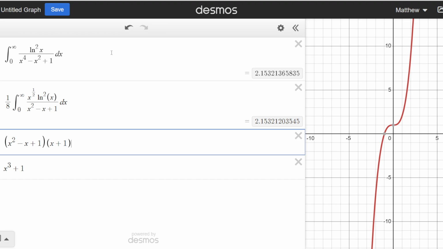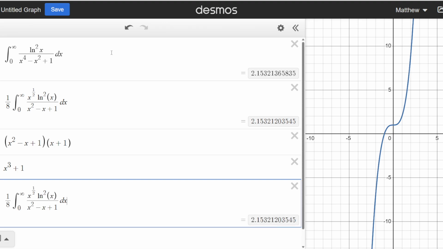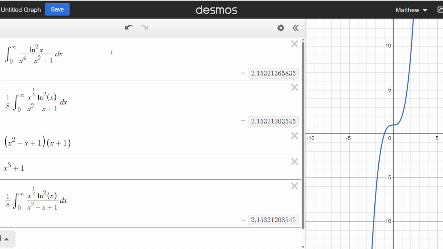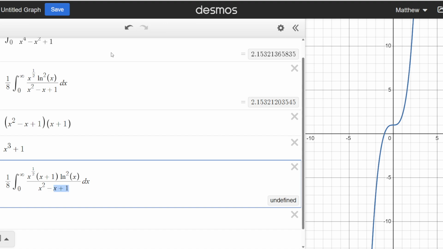So let's go ahead and rewrite this using that. Let's go ahead and multiply the top and the bottom by x plus 1. Now, doing that, of course, we will just get x cubed plus 1 in the denominator.